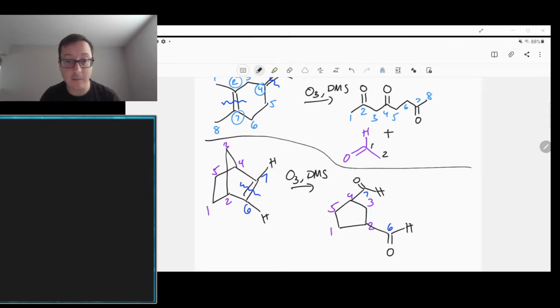All right, so do we see this? We had our bicyclic system. It broke one of the cycles, and now we have two aldehydes that are two carbons away from each other, and we'll have that.